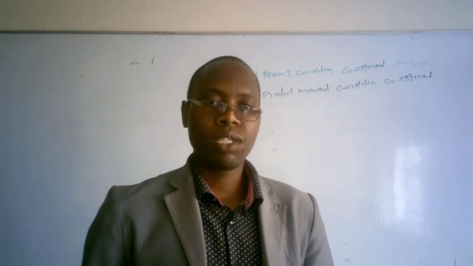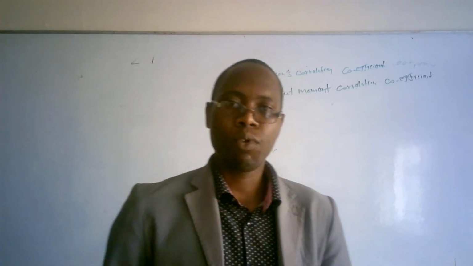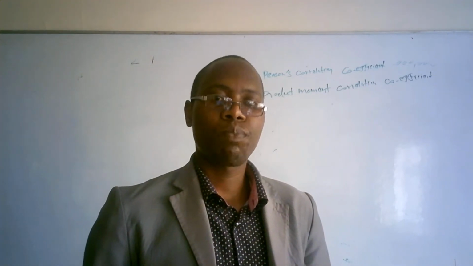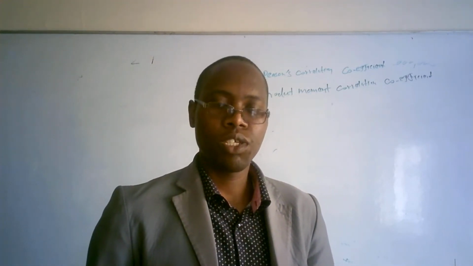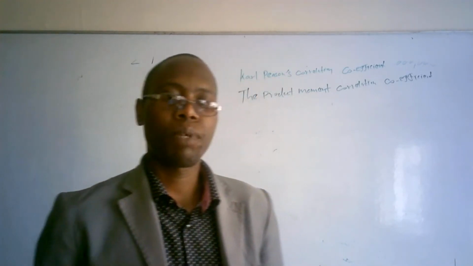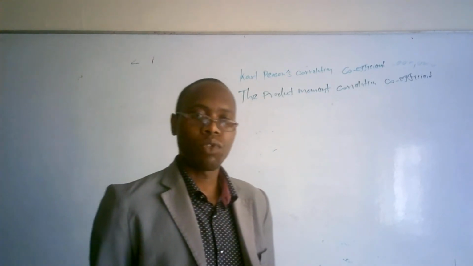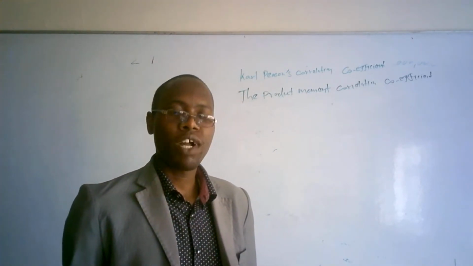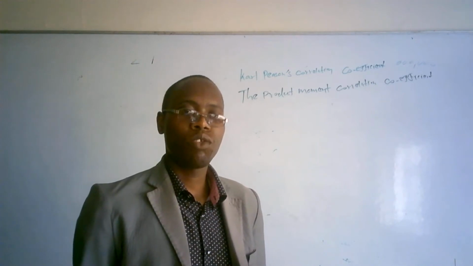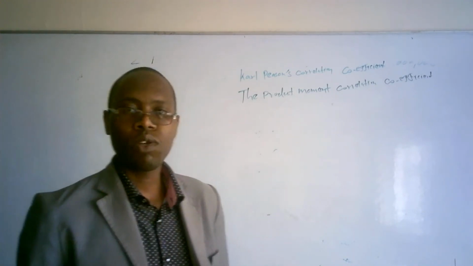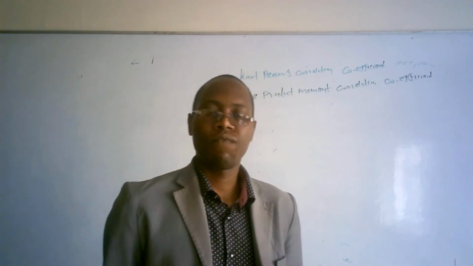So the Karl-Pearson correlation coefficient, or the product moment correlation coefficient, is going to explain the degree of relationship between two variables. So we are going to be given two variables that we should be able to use in calculating the Karl-Pearson correlation coefficient.